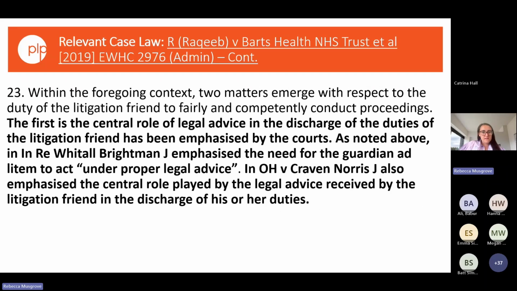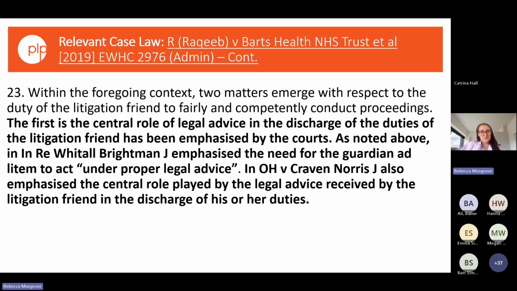And then the second bit is paragraph 23, which is the central role of legal advice in the discharge of the duties of the litigation friend has been emphasised by the court: the need for the guardian and I'd like him to act under proper legal advice. So obviously, this case was in the context of a child who was represented through a litigation friend. Equally it applies to P. There will be situations where it's not the case that they simply can't be litigation friend because they don't accept your legal advice.